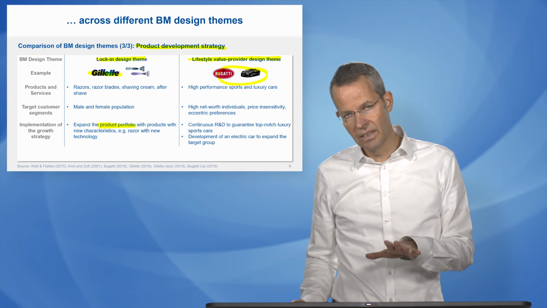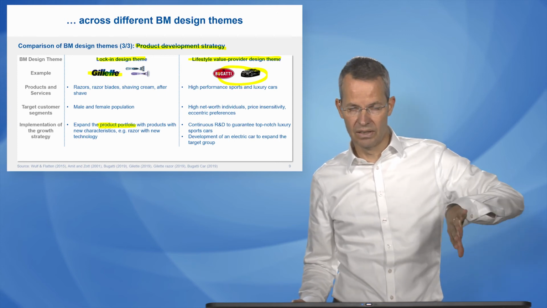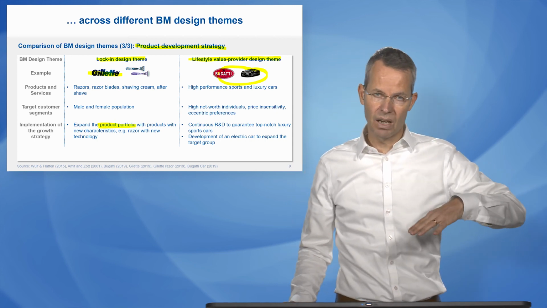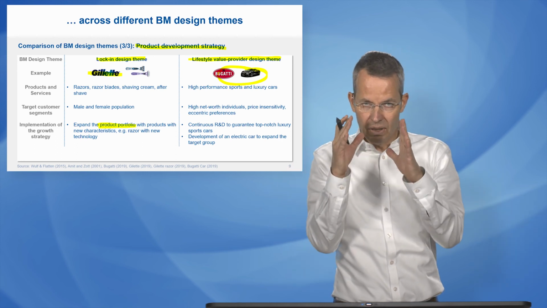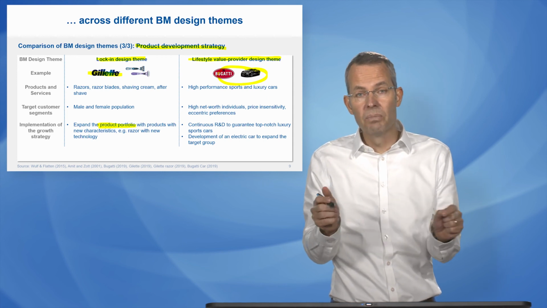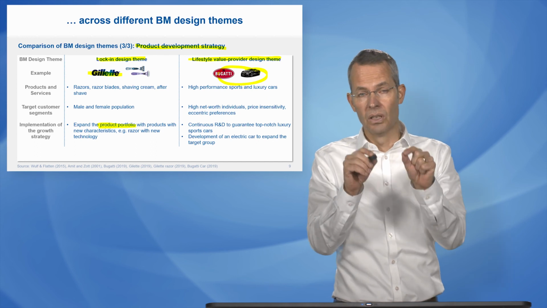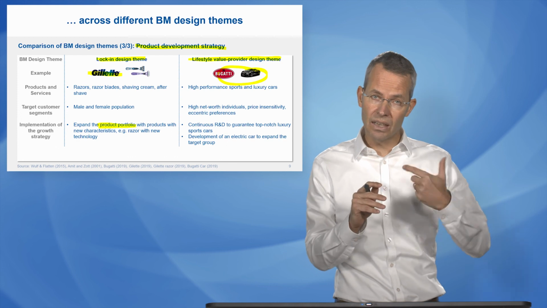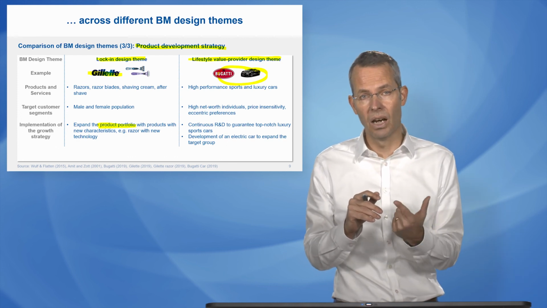So what are we saying with these examples? It's a combination. That's important on the market side. It's important to combine business model design themes with Ansoff strategy. So as a company, first of all, you will probably think about whether it is possible to penetrate the market, or whether you have to go into new markets or new products. This is the first question. And then the second question is, which kind of design theme are you doing that with?